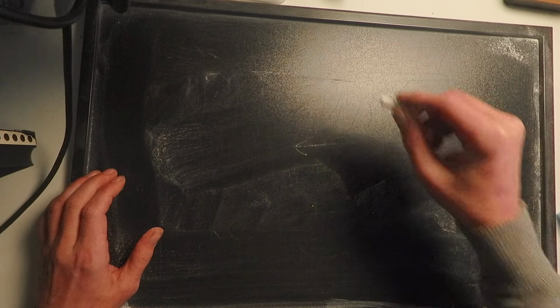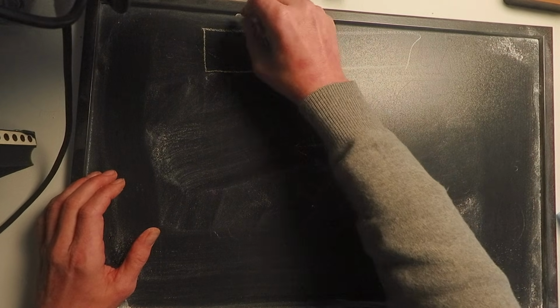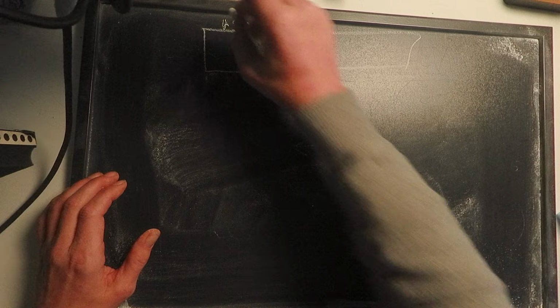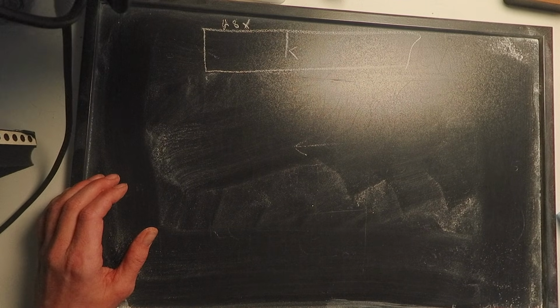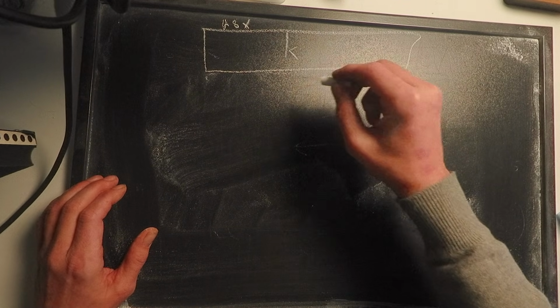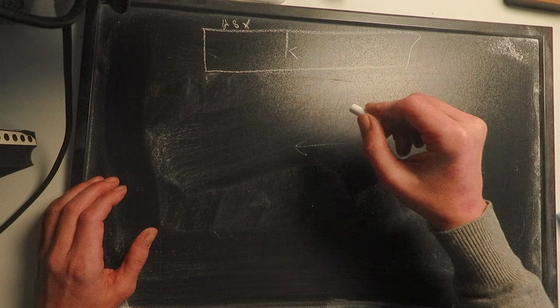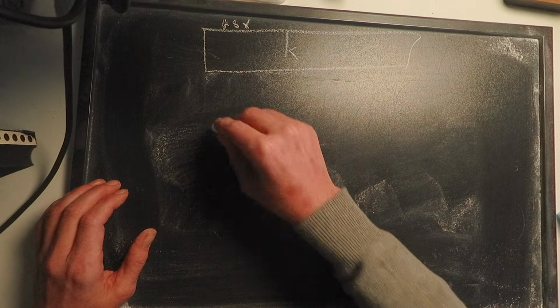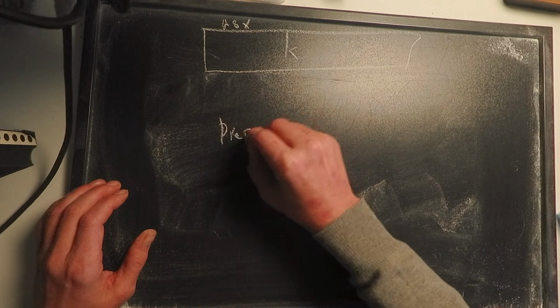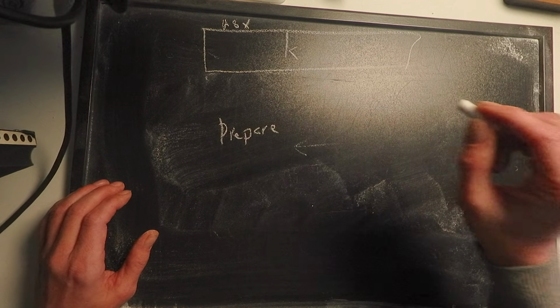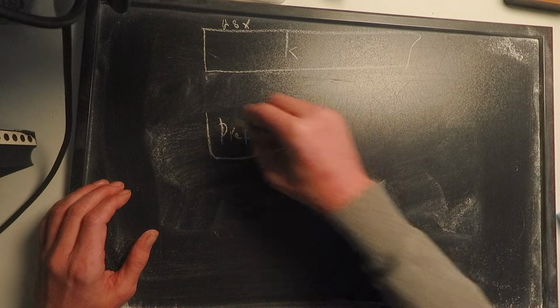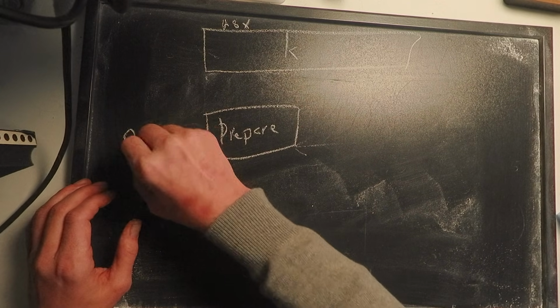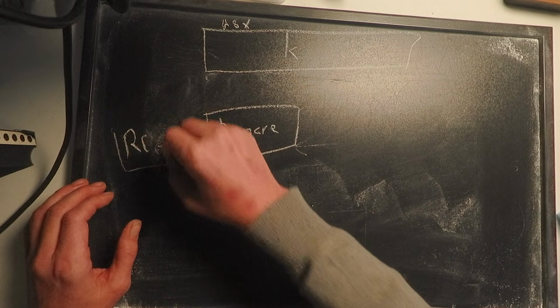So into the G function, we go in with a key of 128. And the first thing we do is we prepare the first round constant.